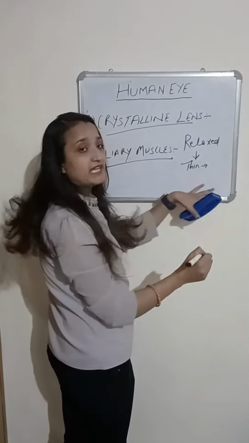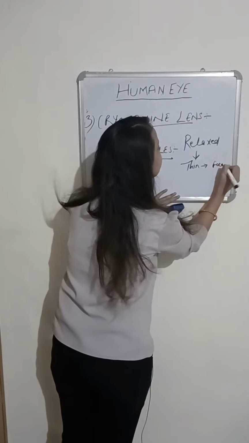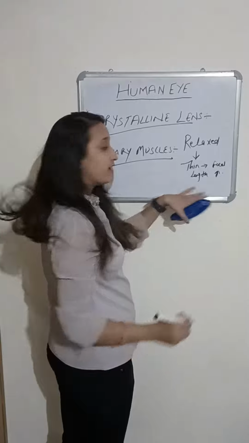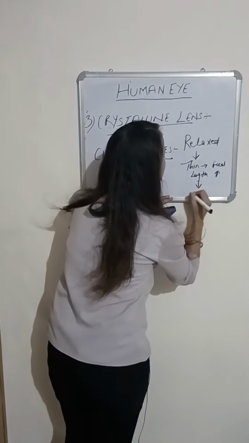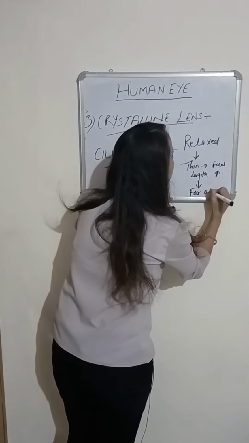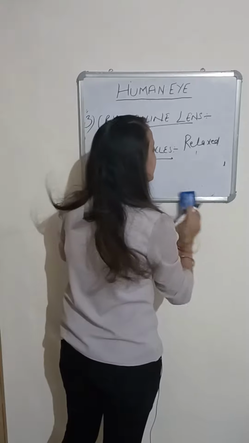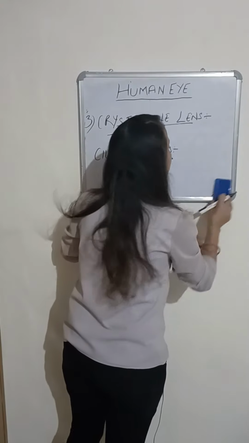What happens then? Then the focal length increases, which helps us to see the far objects more clearly. Okay? Is that clear?